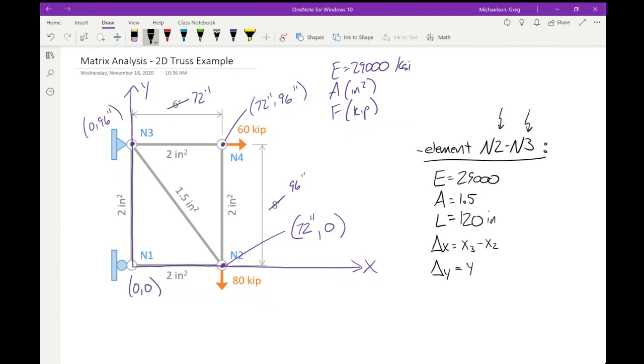So this is going to be X3 minus X2. This is going to be Y3 minus Y2. Okay, and I'm going to show you why we're doing this. So X3 is 0 minus 72, negative 72. This is 96 minus 0, so it's positive 96, right? Does everybody kind of see what I'm doing?